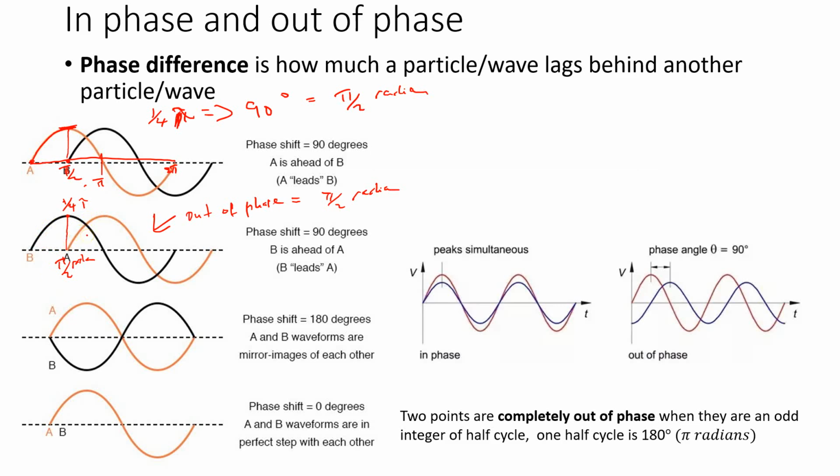So there are two things it means when something is out of phase. One, it means that they are starting at different positions, right? And that they have a phase shift of a certain amount, right? What if now we consider one wave starting in the positive portion here and another starting in the negative portion?